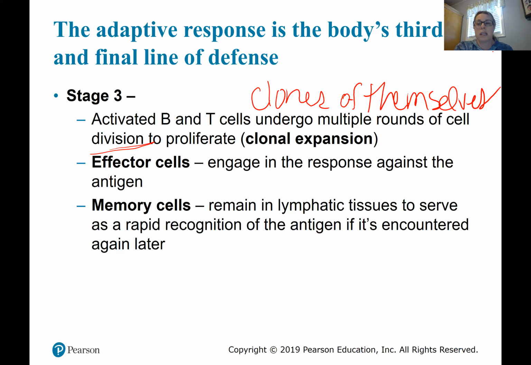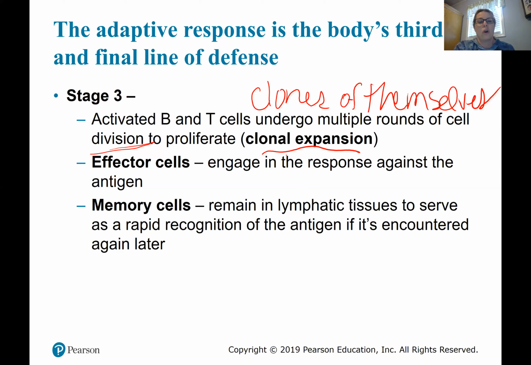So once the T cells that have the right recognition system are identified or activated, we need to make more of them. We don't need to make just T cells in general. We need to make more specific T cells. And so that's what this clonal expansion does. It takes the ones that know how to fight this particular pathogen and makes more of just those.